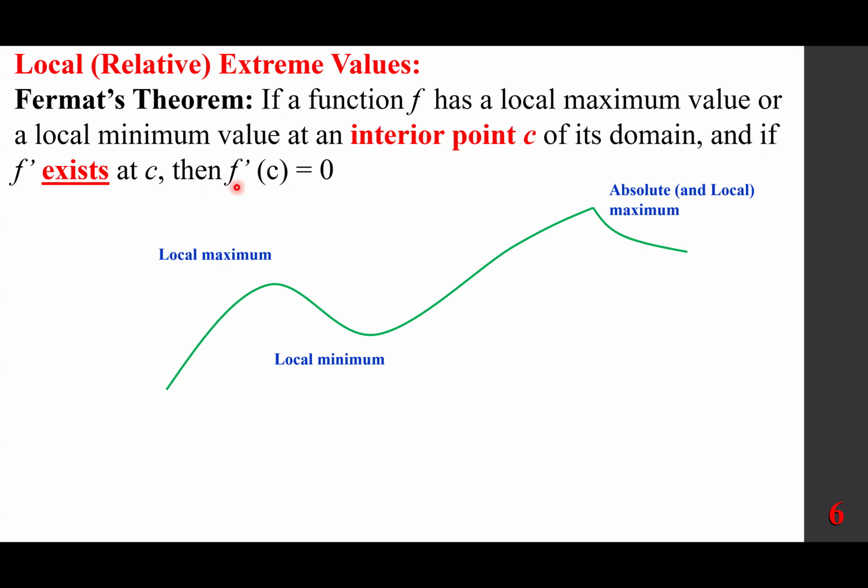So as we look at this graph, peaks and valleys: local max, local min, local max, local min, local max. Also absolute max because no other point has a larger y coordinate. Notice if you draw a short tangent line, it is horizontal, which means f prime must be 0 for those cases. So if f prime exists, f prime must be 0.